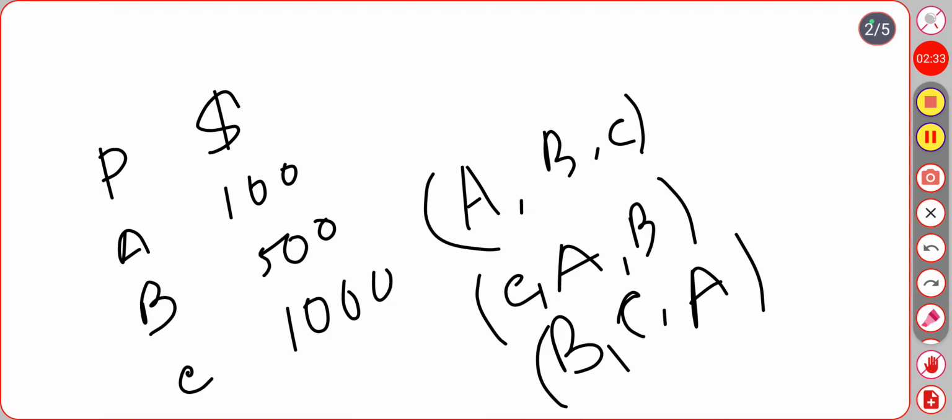The only thing that matters is the relative income levels, not who is assigned which income level. The arrangement is not important.